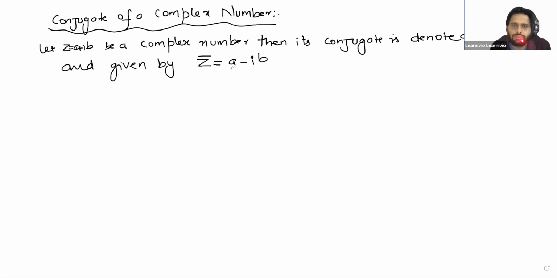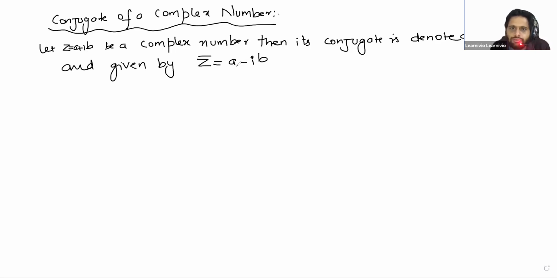So when we have a complex number z is equal to a plus iota b and we are finding the conjugate, we will just change the sign of the imaginary part. Earlier this was positive, so it becomes negative, and if in your question it is negative, then convert that into positive. So if you need to find the conjugate of a complex number, you will just change the sign.